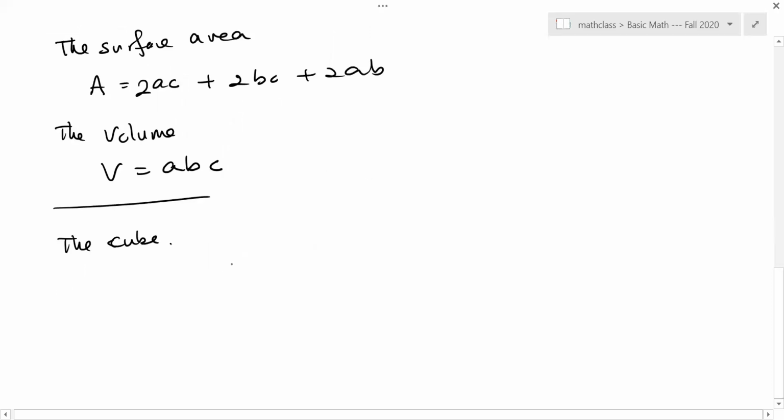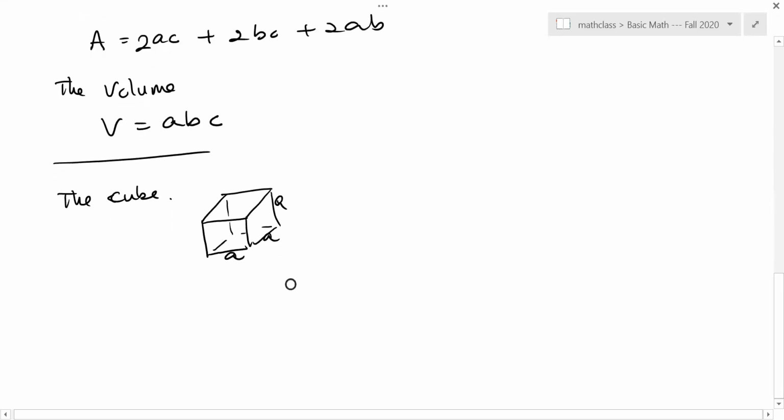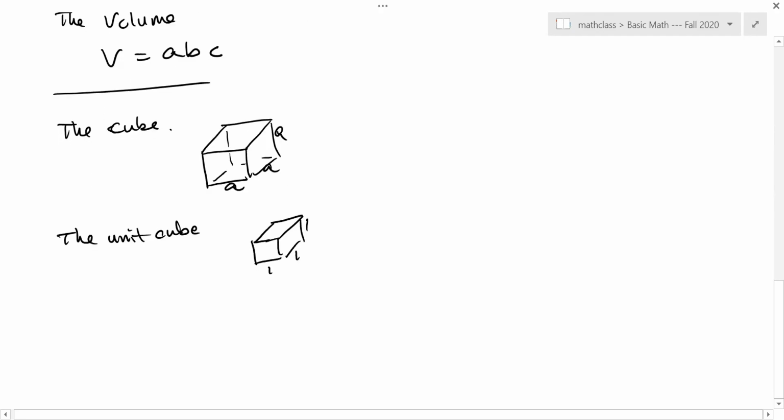The cube has all sides equal: A, A and A. A unit cube means when A equals 1, so all the sides are equal to 1. This is 1 unit cube.